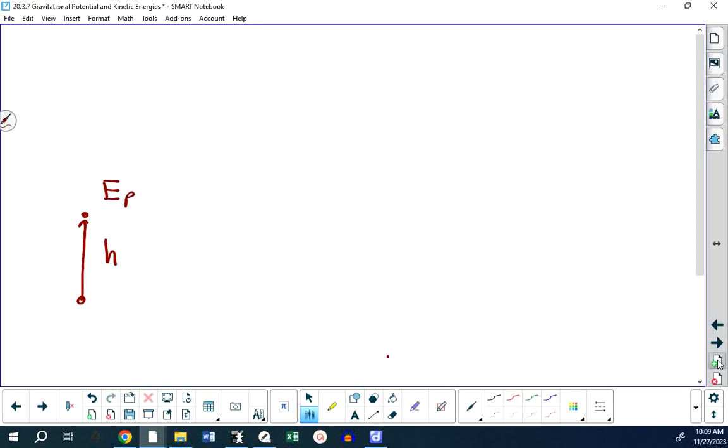Would you agree? What if I took that same object and I lifted it to 3 times the height? What would its new potential energy be relative to the original potential energy? Would it be more? Would it be twice as great? Would it be 100 times as great? How many times as great would it be?